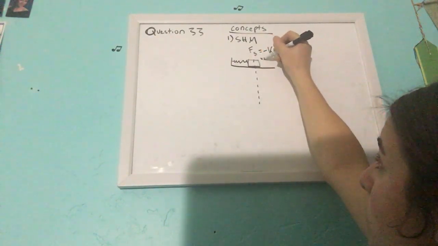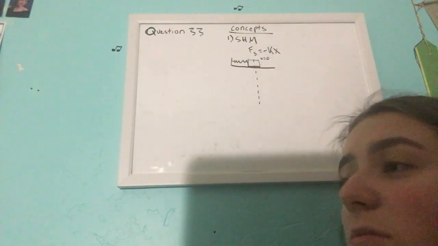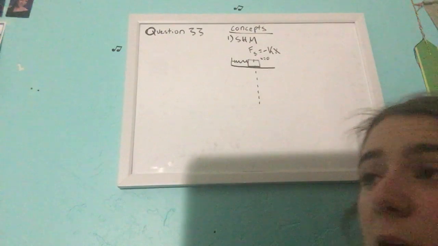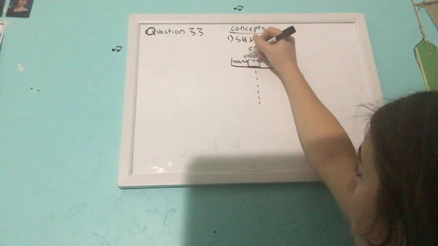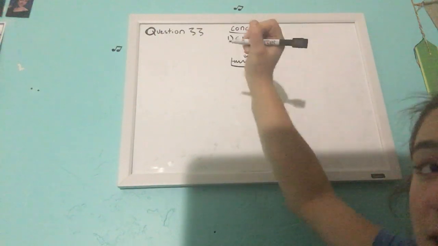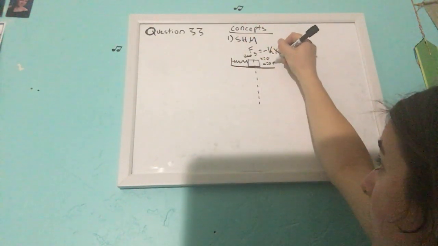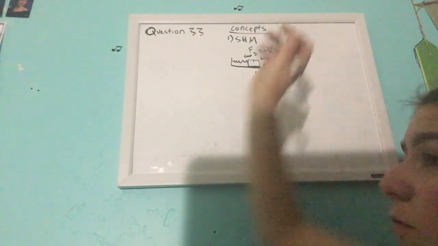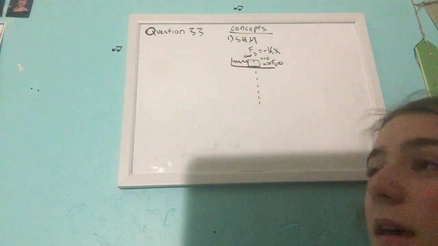This is x equals 0, and here the object is in equilibrium. When it's in equilibrium, the velocity is at a maximum, the acceleration is 0, and the restoring force is 0 too, and that makes sense.